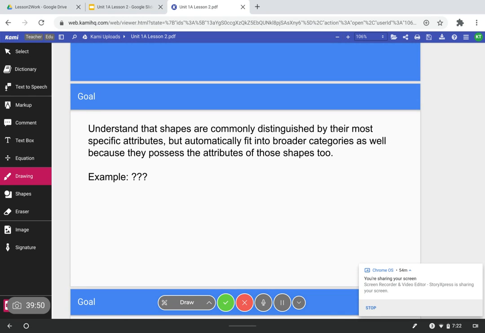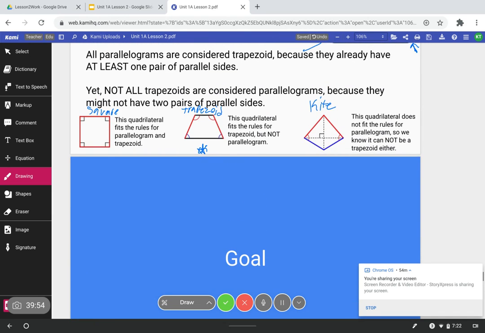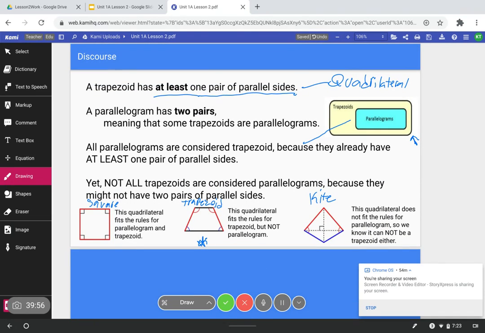So this explanation right here, this goal can be displayed in this photo right here. The most specific attribute is that it has two pairs of parallel lines, the parallelogram, but it does fit into the broader category of trapezoid because it does have at least one pair of parallel lines.